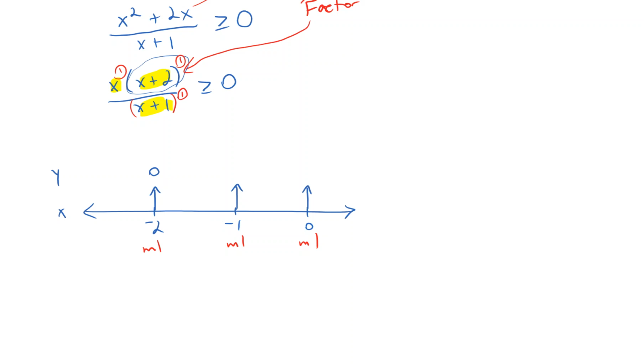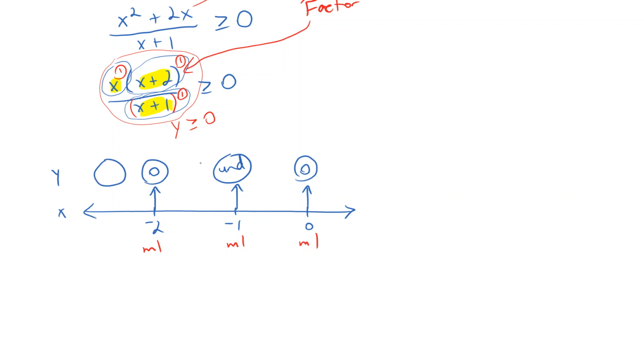By the way, when I say y, what I mean is this whole fraction. We're trying to figure out where y is greater than or equal to 0. If I plug in negative 1 for x, it makes my denominator 0, so y is undefined. If I plug in 0 for x, it makes my numerator 0, so y is 0.